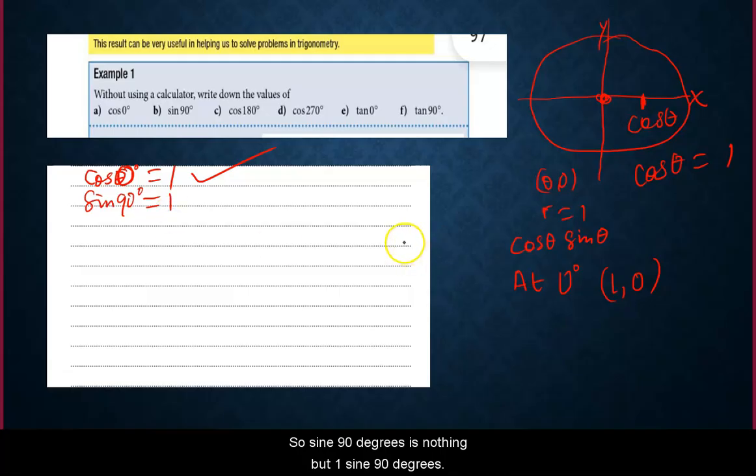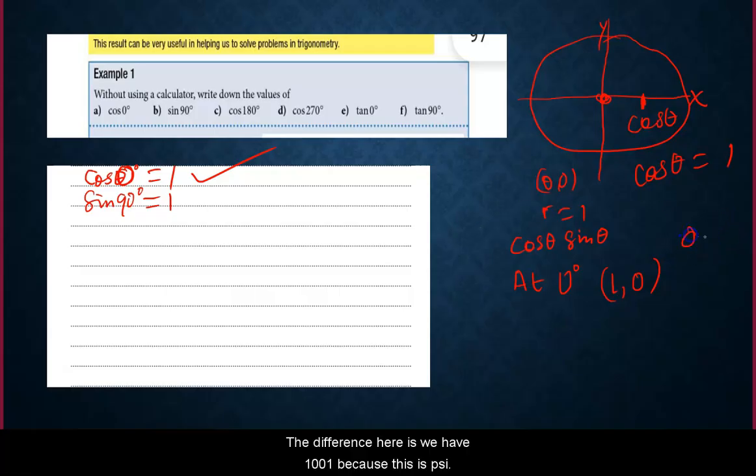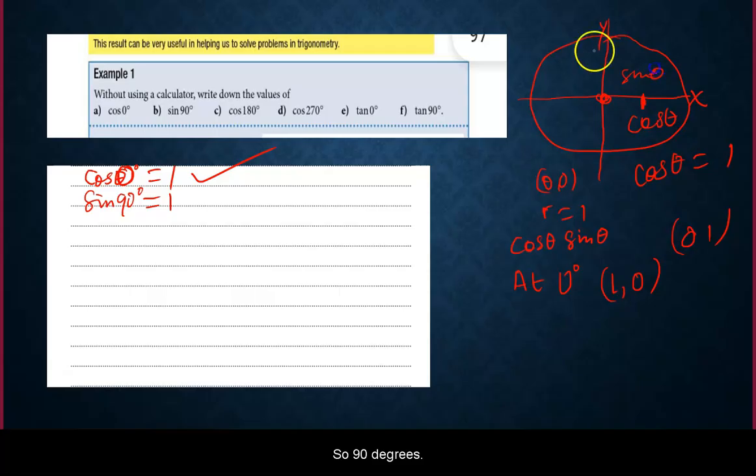If we check, it is going to be (0, 1): 0 on the x-axis, then 1 on the y-axis. The difference here is we have (1, 0) and (0, 1), because this is sine. So at 90 degrees this will give you 0 on the x, 1 on the y. So sine 90 is 1.